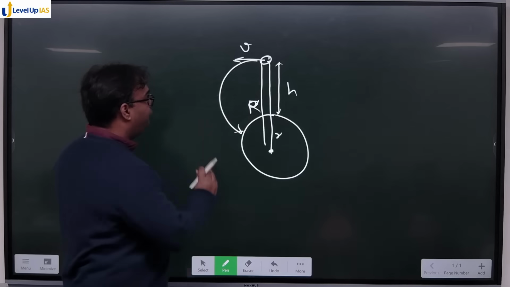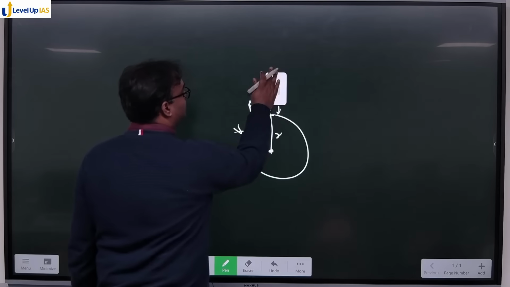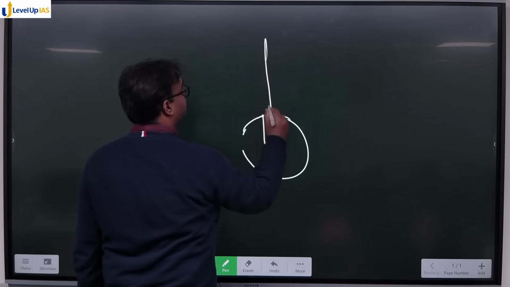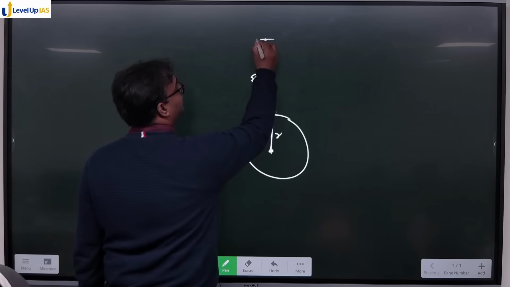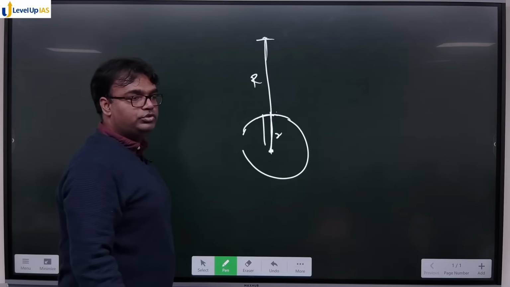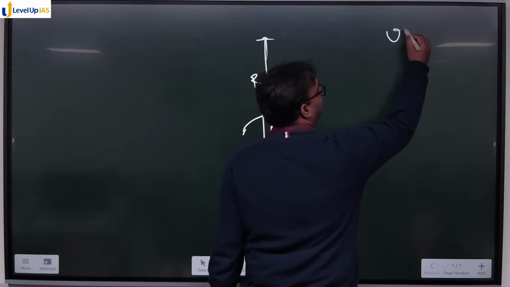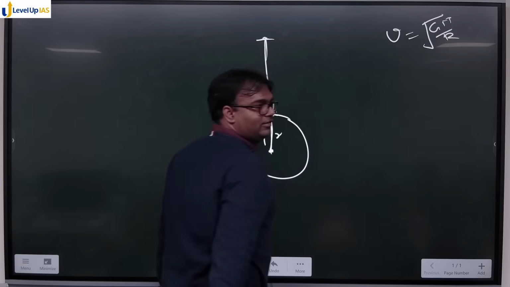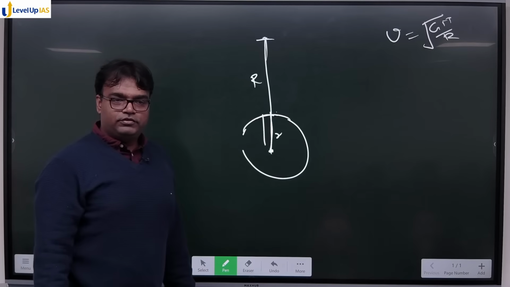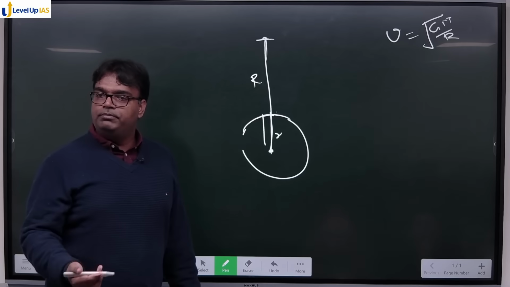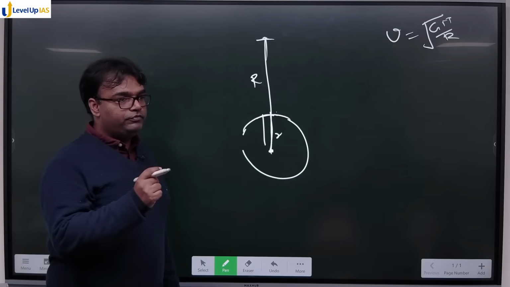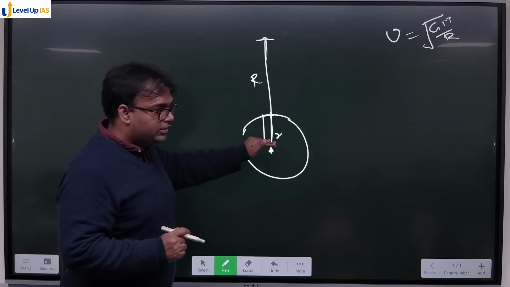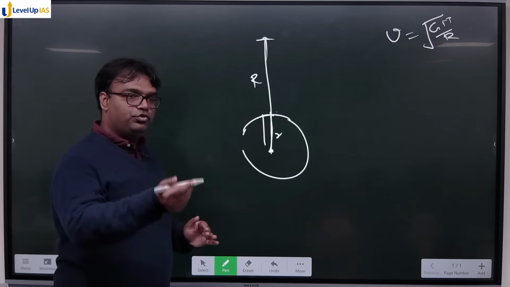Or let's say this bigger R is R, and the velocity with which you launch it is exactly equal to under root GM by R. So if you launch it with velocity less than under root GM by R at a radius R from the center of earth, it would fall back.